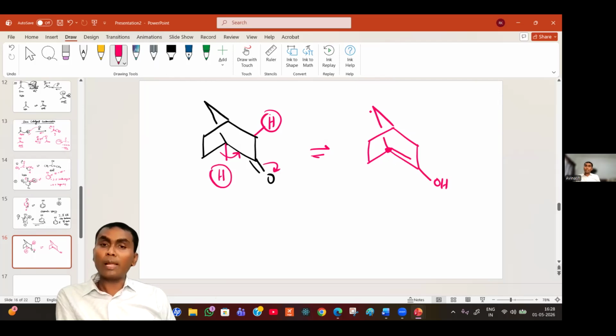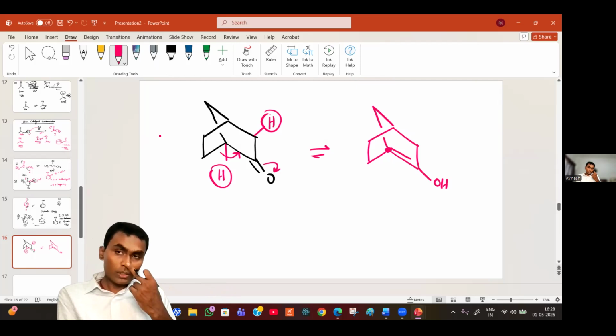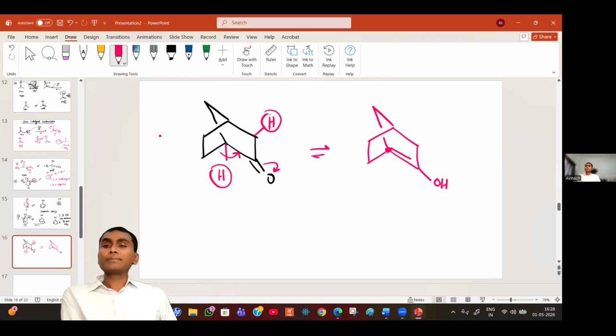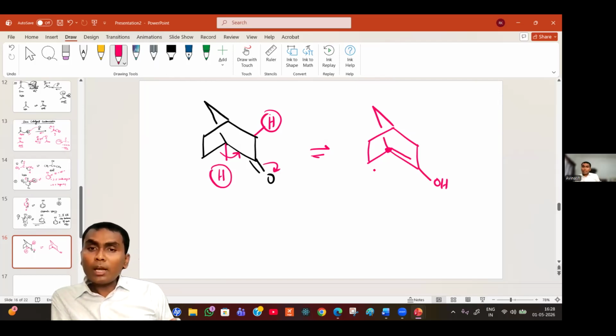If a system is non-planar and you make it planar, then it becomes unstable. Our nose is non-planar, and if you press your nose and make it planar, then what do we get? Unstable. So this instability makes it very unstable. So this one is a very unstable system. So this will not participate in tautomerization.